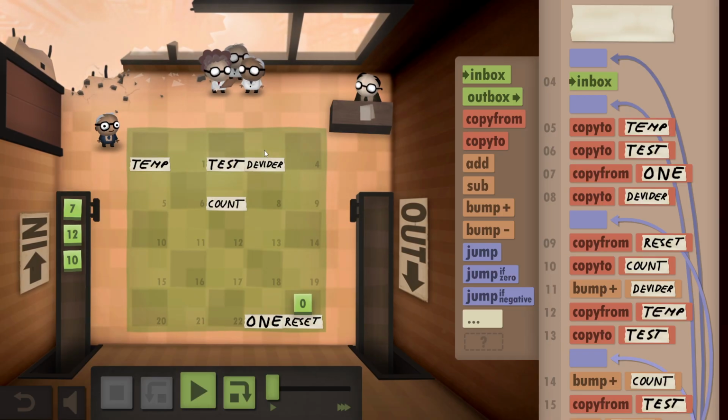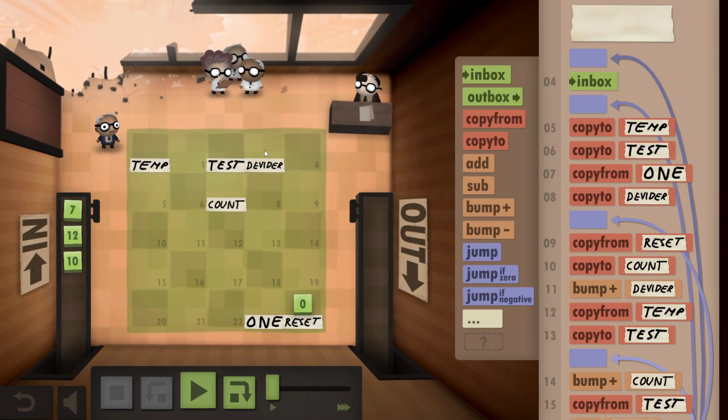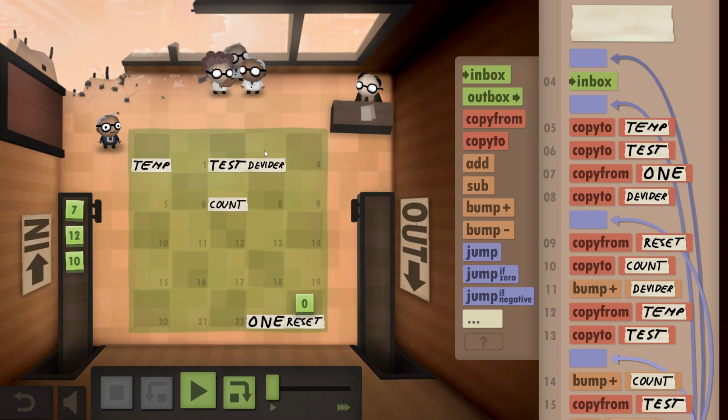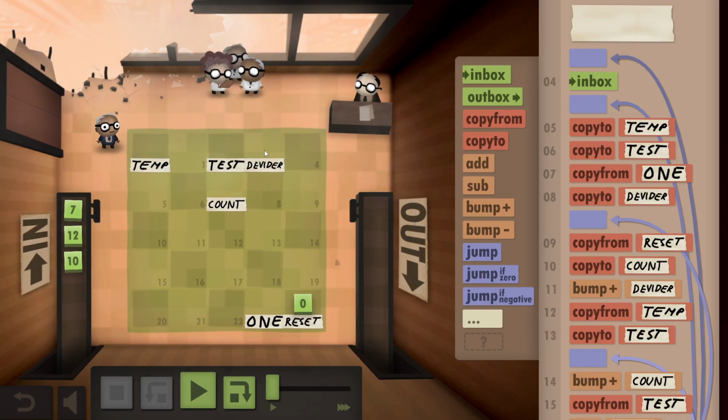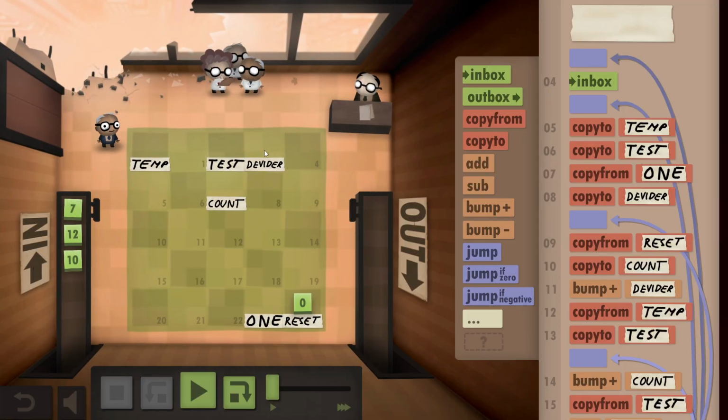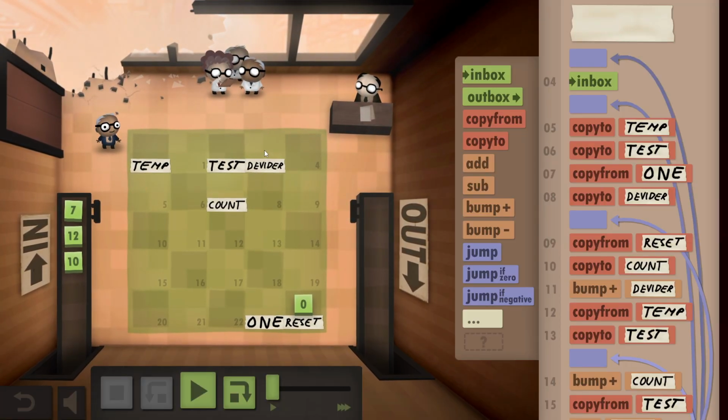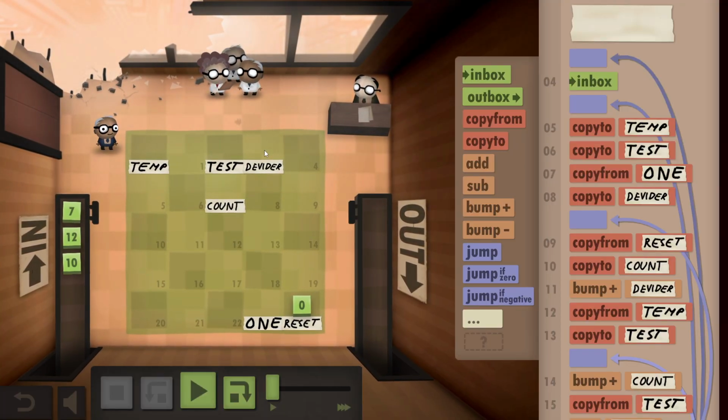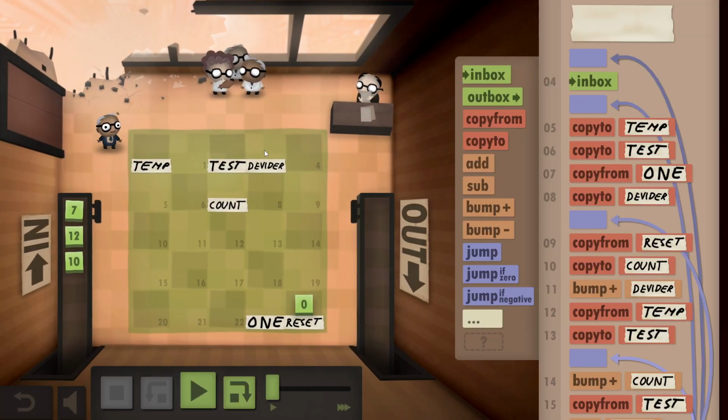The logic of temp, test, divider, and count is pure, right? That's clean. The positions might not be, we're taking a lot of space, but that doesn't matter. Let's speed this up. Again, we do a lot of tests.